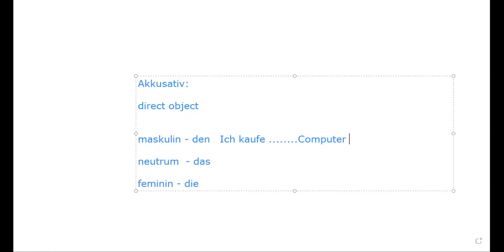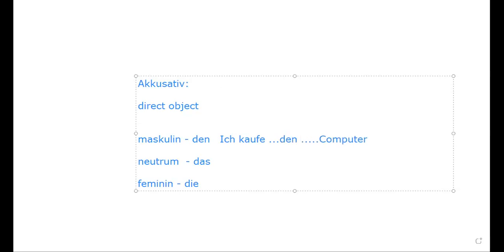I buy the computer. So the computer is the direct object, and we have to apply the accusative case. What type of article will come here? The definite article. Yes, good. So here it is den.